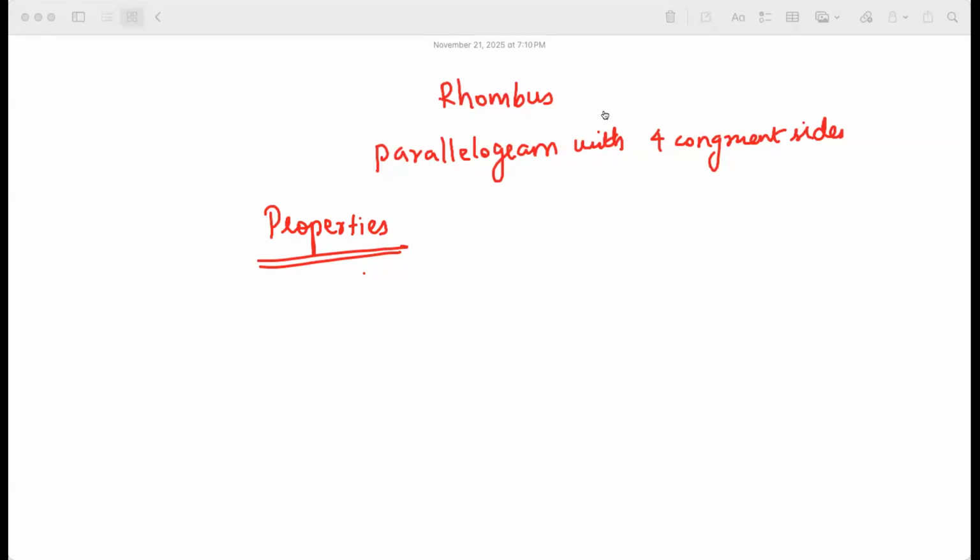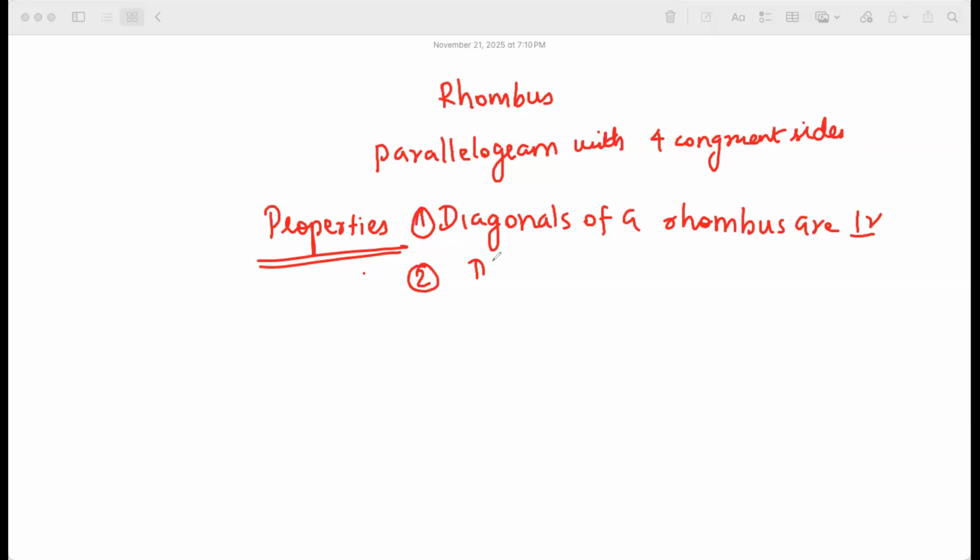So diagonals of a rhombus are perpendicular. That's a good one, actually. Diagonals of a rhombus are perpendicular. Then diagonals bisect vertex angles. Any questions? And 4 congruent sides.